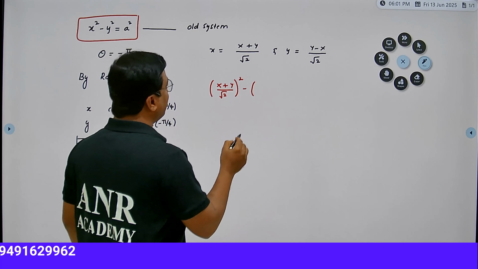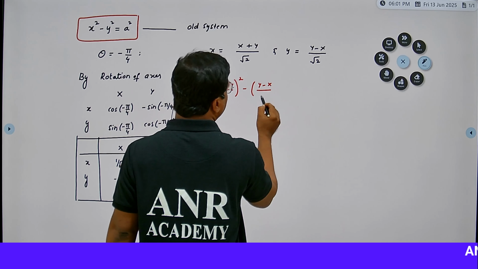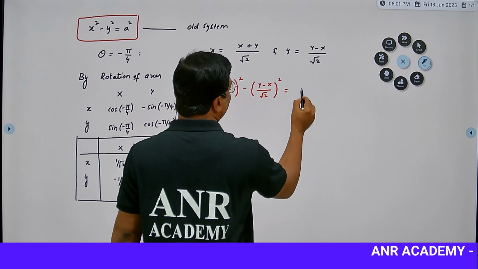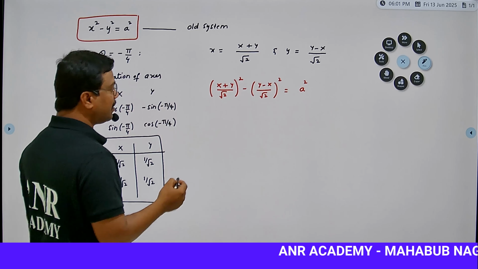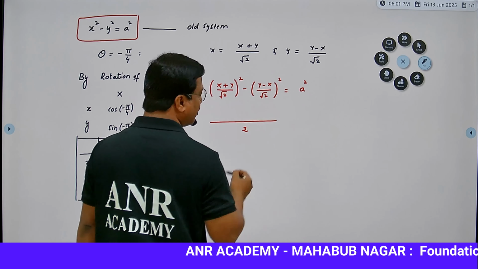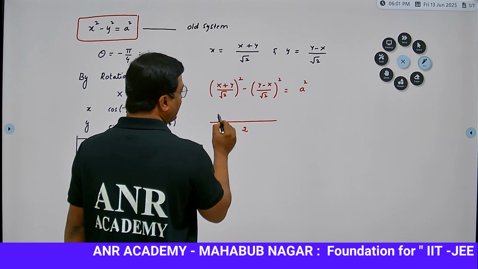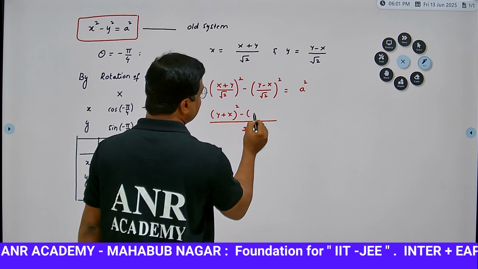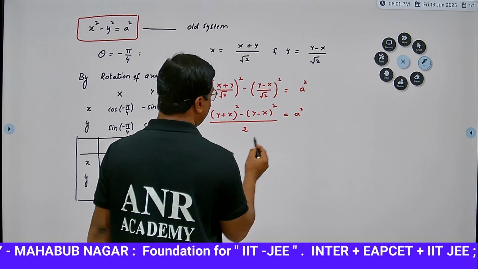Next y square, y is nothing but capital Y minus capital X divided by root 2 whole square. In the right part you have a square. Next, you have the denominator part common value 2, and here you have Y plus X whole square minus Y minus X whole square equal to a square.